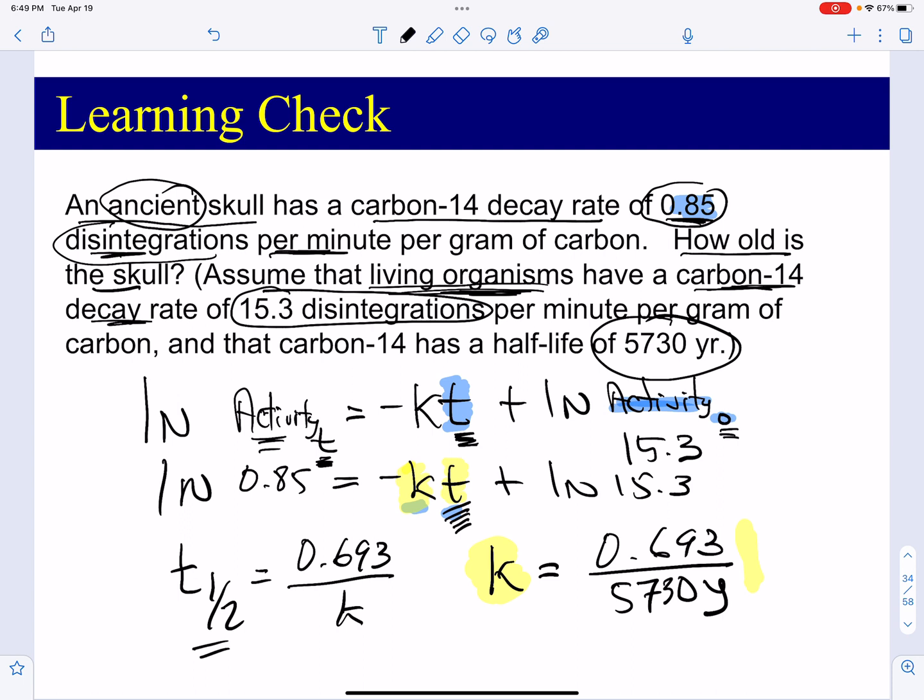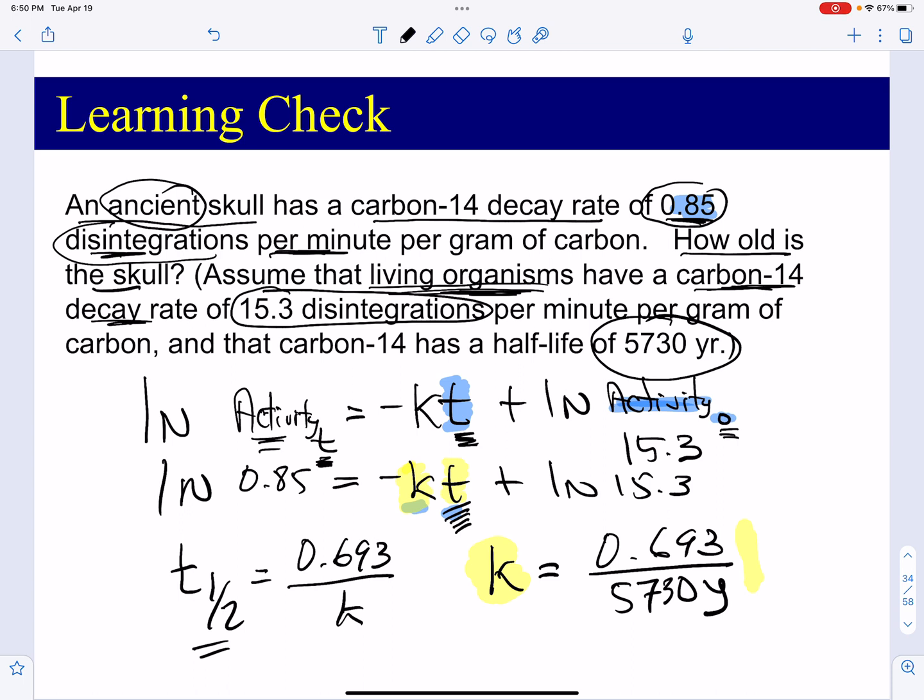By using the half-life formula, you can find the rate constant by knowing the initial activity and the remaining activity, or how many grams you began with and how many you have left now. You can then use first order kinetics to find out how old this particular skull is.